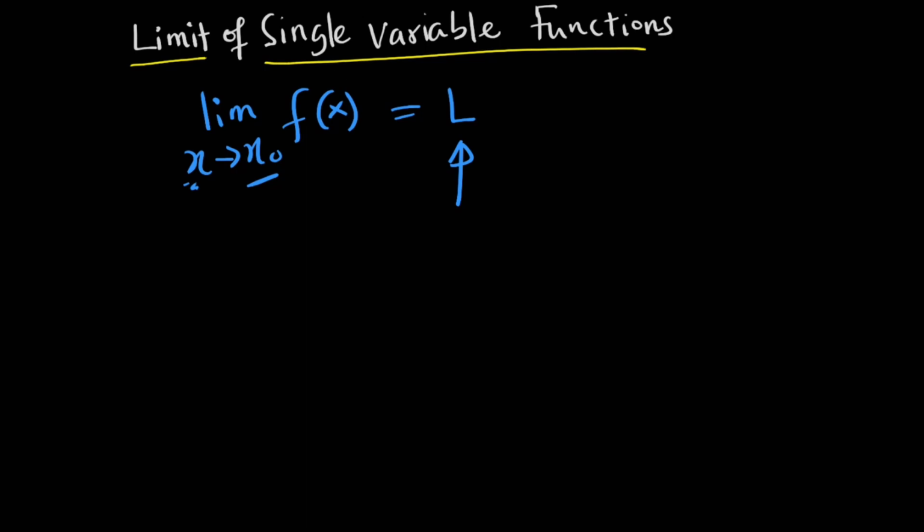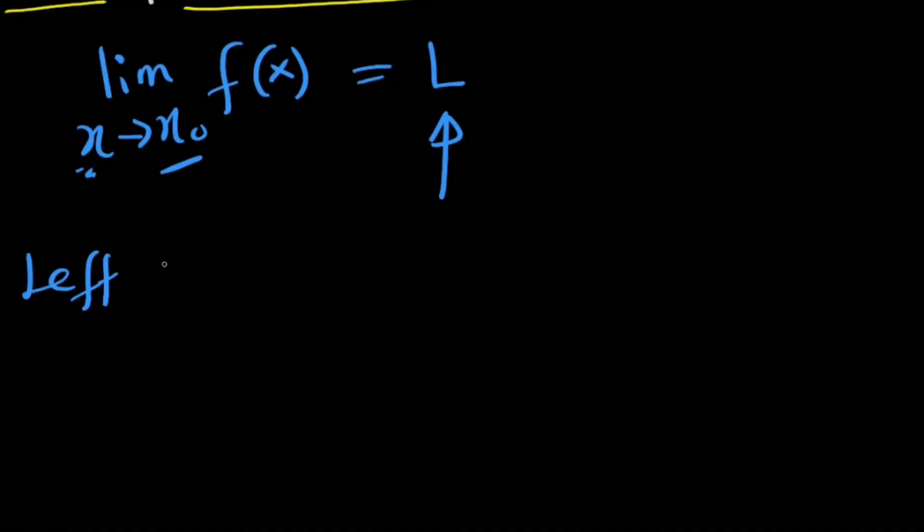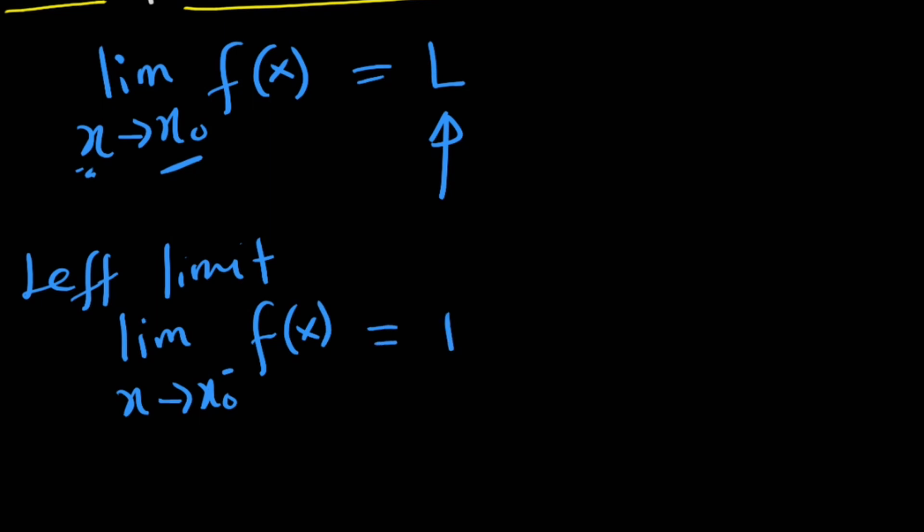Now, I talked of the left hand limit or the left limit and the right hand limit or the right limit earlier. To represent that, we put a little plus and a little minus on the x naught here. So if I want to talk about the left limit, which is basically saying we are approaching the x naught from the left side, I'll write that as the limit as x approaches x naught from the left side of f of x equal to maybe L. The little negative here represents that we are approaching x naught from the left side.